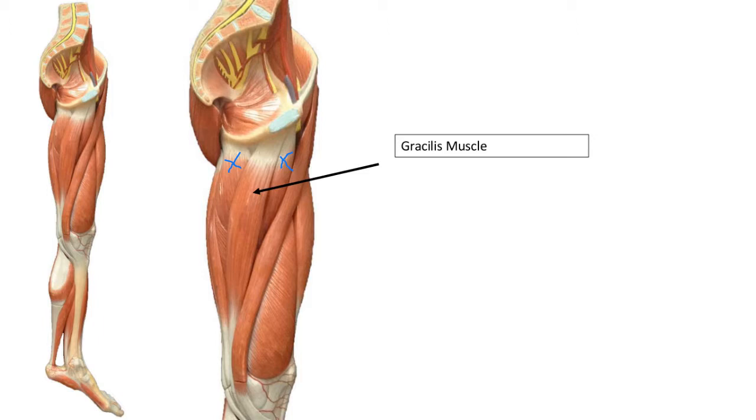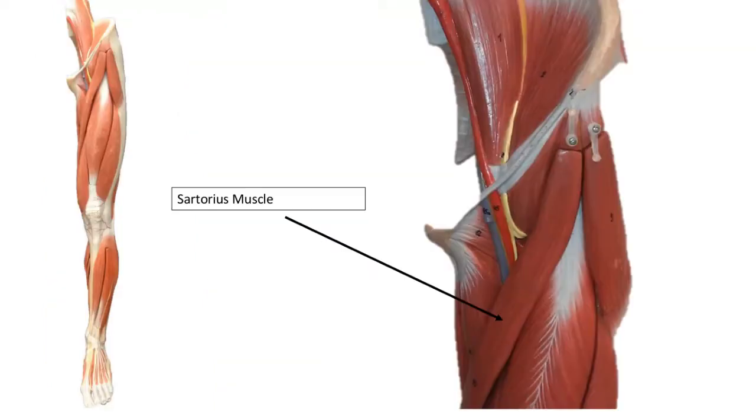Okay, I'm going to look at the thigh again from the anterior view, and we're going to talk about sartorius. Sartorius here is lateral to the vein. Here's the vein, so it's lateral to it. This is iliopsoas that I'm putting the X on.